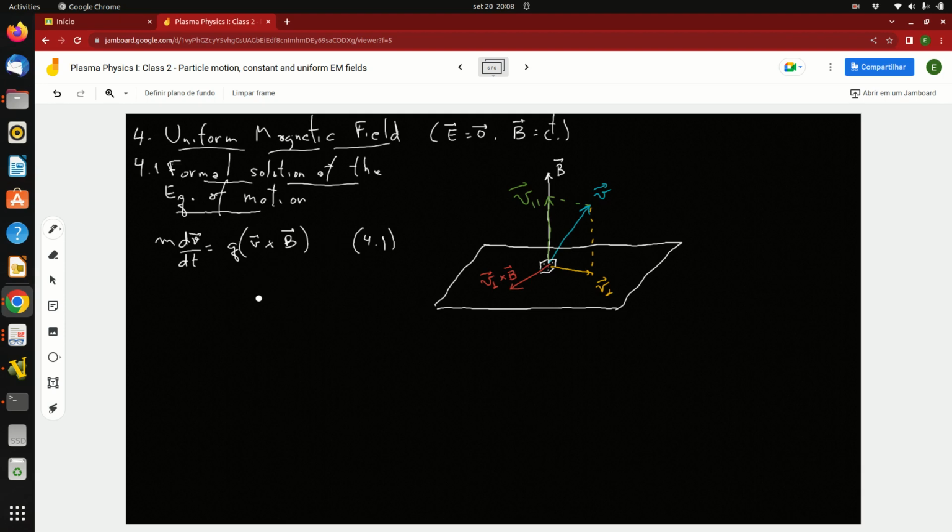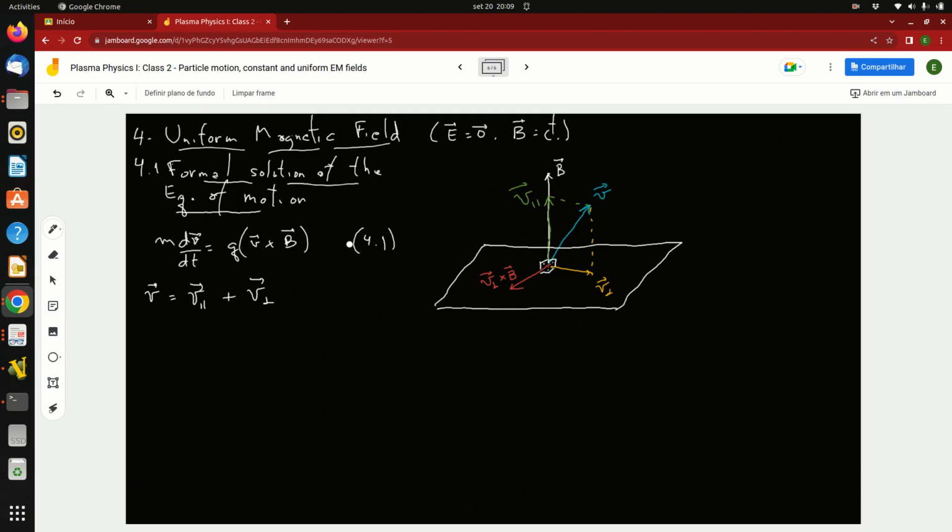In order to understand the motion of charges, we will adopt this decomposition of V into a parallel component plus a perpendicular component, where the parallel component is parallel to the background magnetic field. Remember, it's constant and uniform. The perpendicular is a component on a plane perpendicular to B. So this is the velocity vector and its decomposition into these two components. All right.